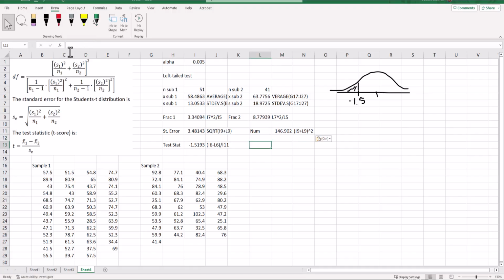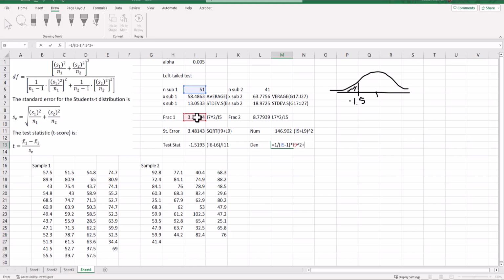And then I also need the denominator: 1 over n sub 1 minus 1, multiplied by my fancy fraction squared.